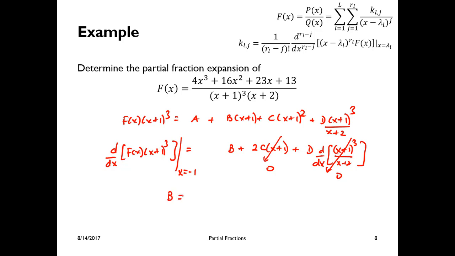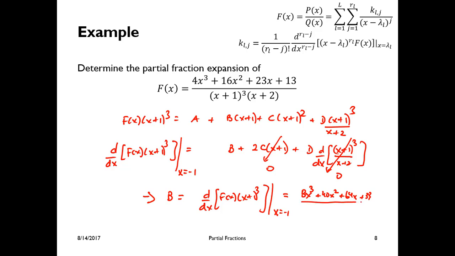So I can see that B is going to be equal to the derivative of f of x times x plus 1 cubed evaluated at x equal to minus 1. So this is going to be equal to 8x cubed plus 40x squared plus 64x plus 33 divided by x plus 2 all squared, and this is again evaluated at x equal to minus 1, and plugging in the numbers, this gives me B is equal to 1.